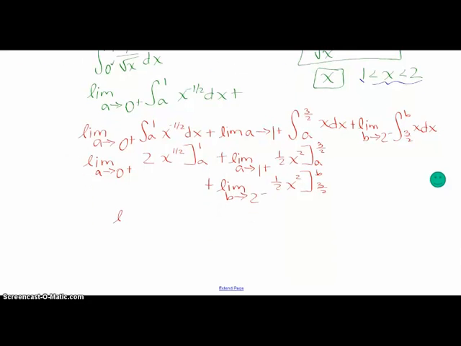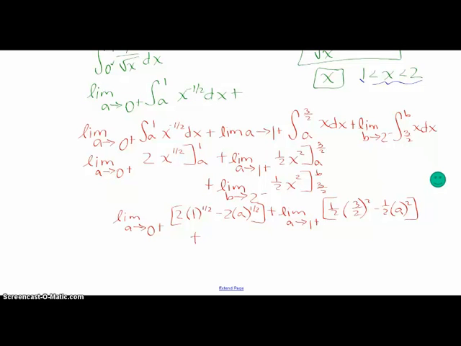So we have the limit as a approaches 0 from the right of 2 times 1 to the 1/2 minus 2 times a to the 1/2, plus the limit as a approaches 1 from the right of 1/2 times 3/2 squared minus 1/2 times a squared. And then lastly, plus the limit as b approaches 2 from the left of 1/2 b squared minus 1/2 times 3/2 squared.